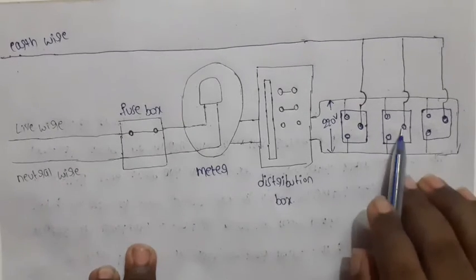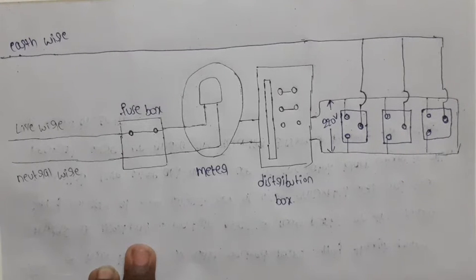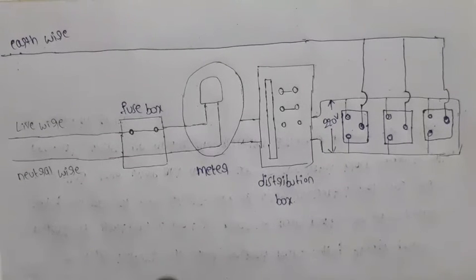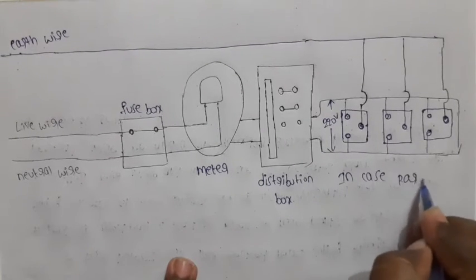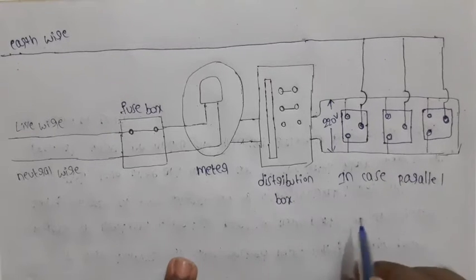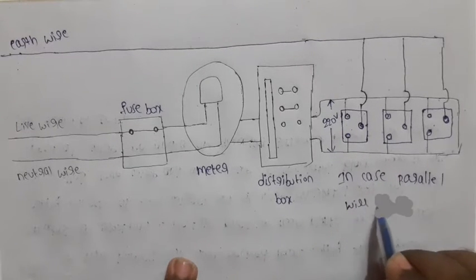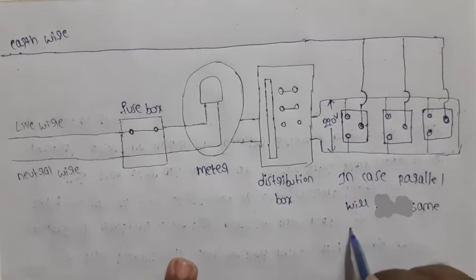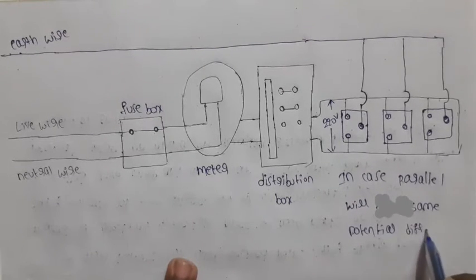Here each socket is connected in parallel connection. So what is the advantage of the parallel connection? In case of parallel, the same potential difference.